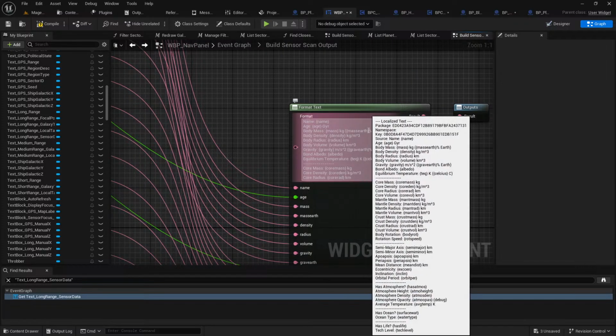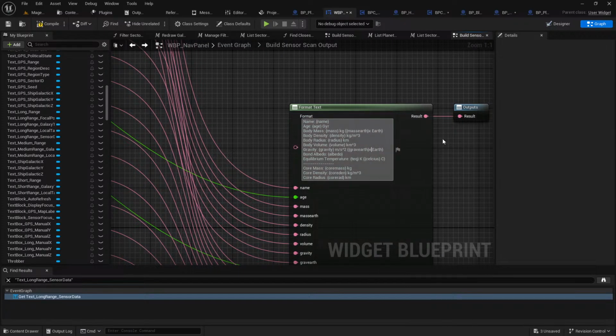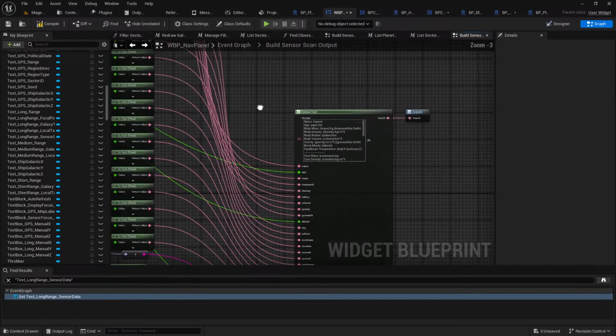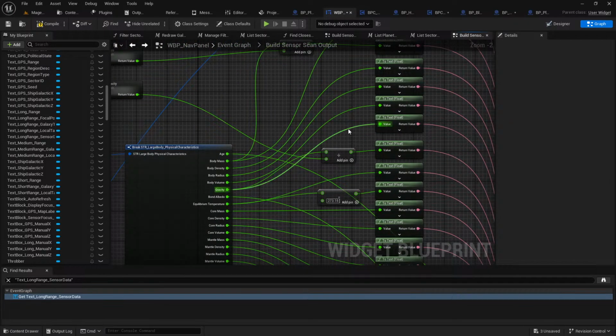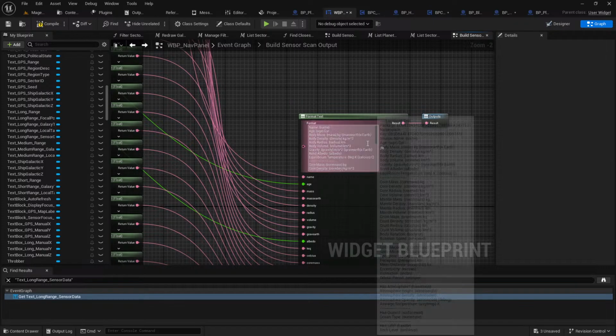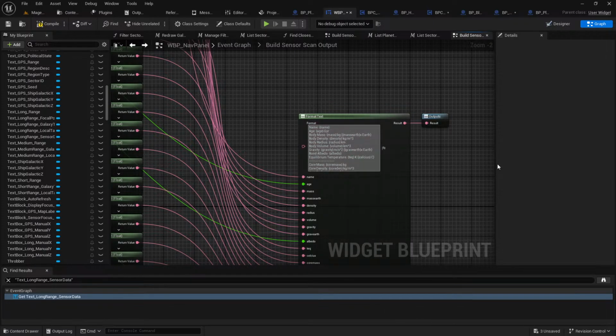And of course, this is not a percent, it's a multiplier.